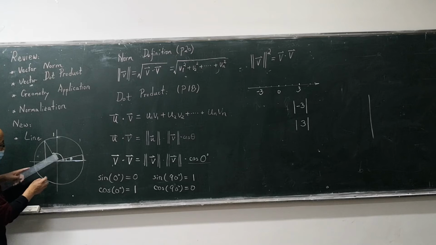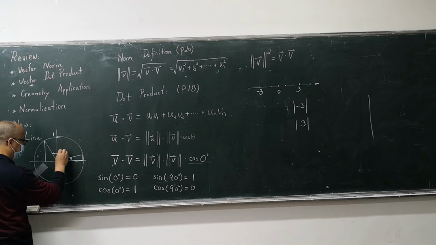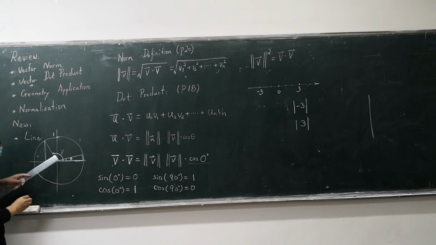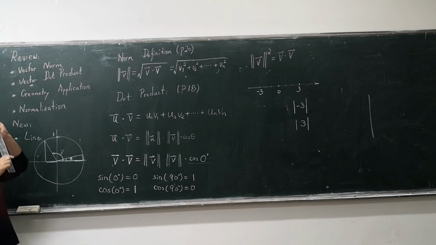For this one, let's say the angle is gamma. Cosine gamma is negative. It's this part, because it's on my back.